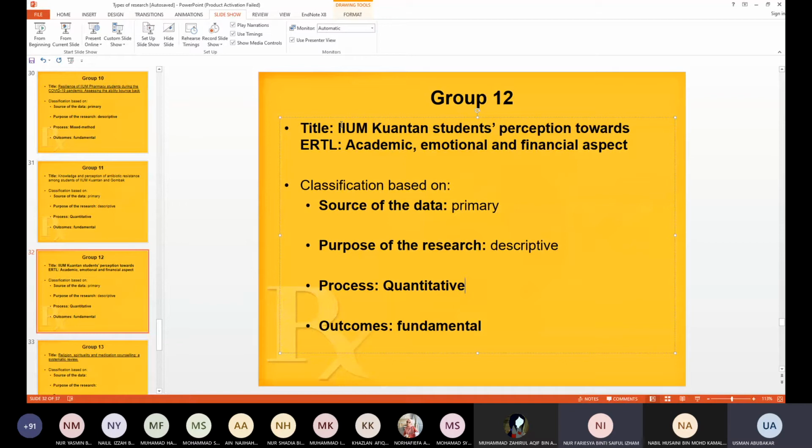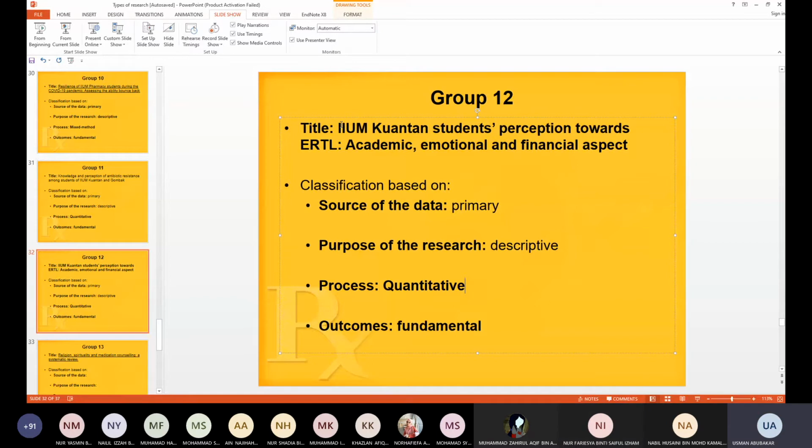So for our group, I think it's quantitative. Okay, how about the outcome? Outcomes is fundamental, because we are trying to see how much the ERTL is affecting students based on the three aspects. Okay, good. All right, thank you, sister.